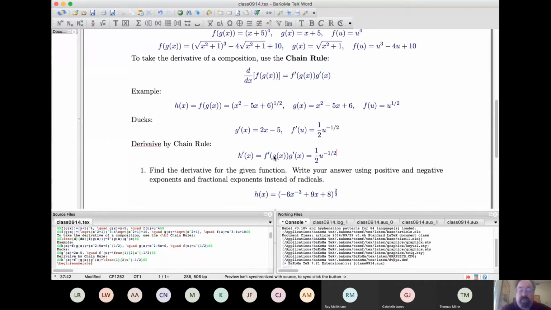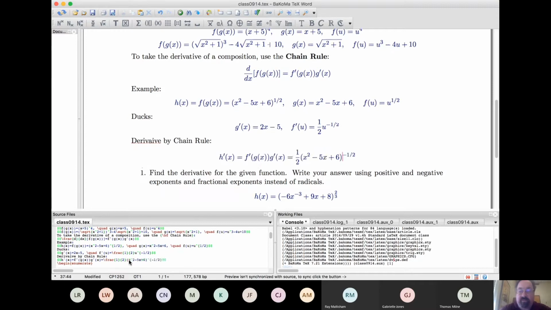What is plugged into f prime? It's g. Wherever you see u, that is where g should go. Not g prime, the original g. That's a common mistake: you take the original inner function and plug it into the derivative of the outer function. So I go back up here, x squared minus 5x plus 6, and that is substituted for u. Use parentheses. Remember, parentheses are your friend.